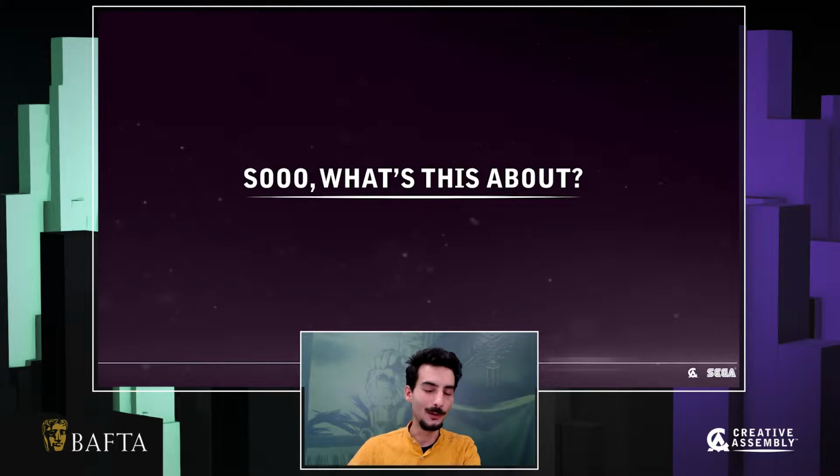So what is this about? Why am I talking to you? Why are you here listening? Hopefully because you want to get some value out of this, so we don't waste your time. And what are we going to talk about? What we're going to cover is the way that we create user interface for Total War. What our process is, what our pipeline is, who makes the user interface, what are they responsible for, and what roles are involved.